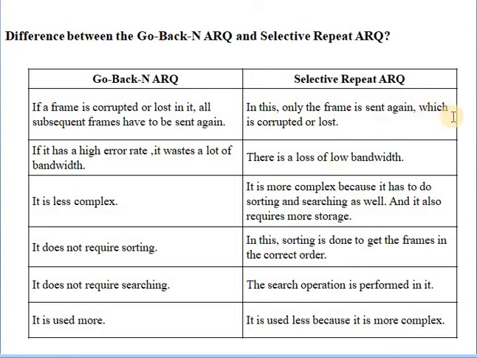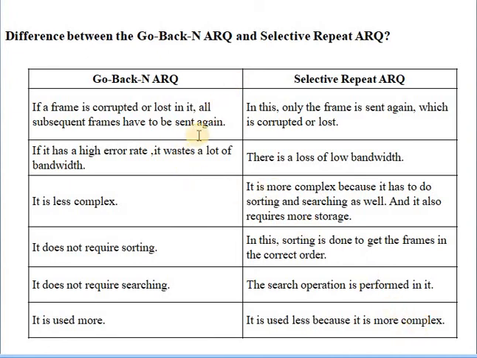Go Back N does not require searching, while selective repeat requires a search operation. Go Back N is used more, and selective repeat is used less because of the more complex receiver side.